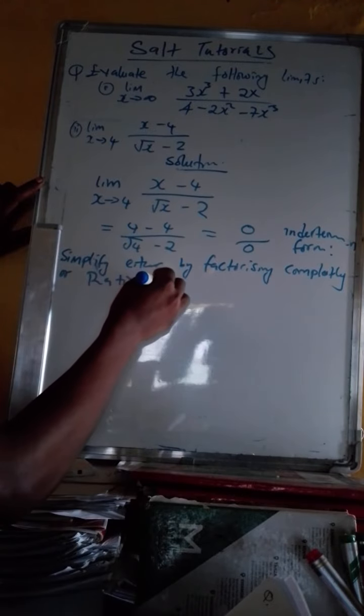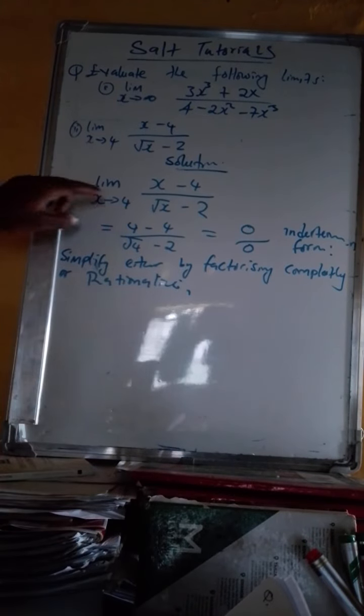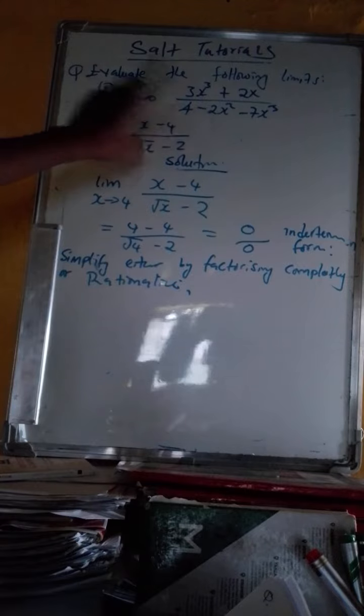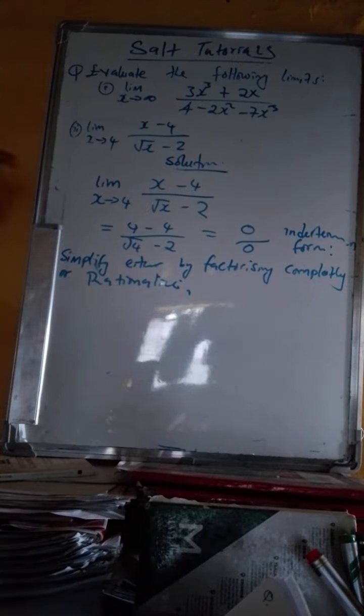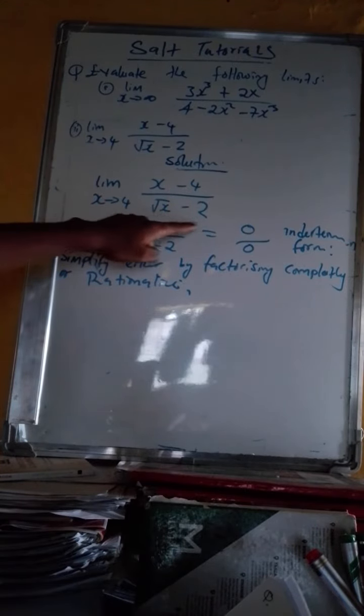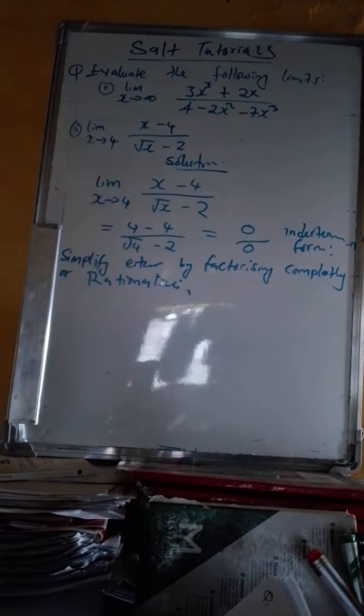So in this case, whichever you choose will still be okay. Someone would decide to factorize the numerator and then come and simplify, or someone would say rationalize the denominator, because in the denominator there is a radical. So whichever you choose is still okay.